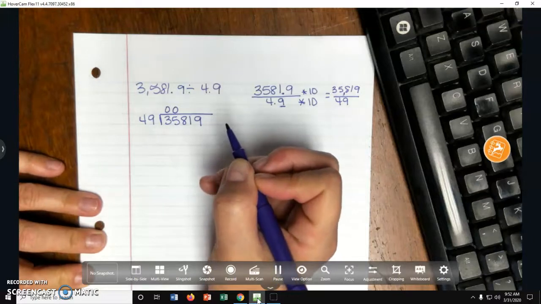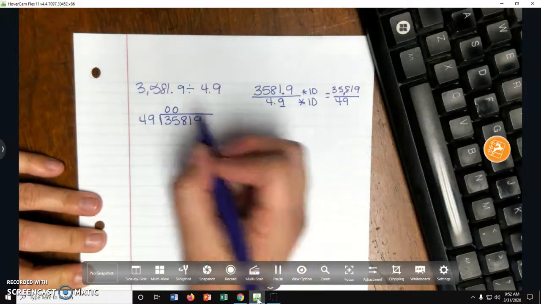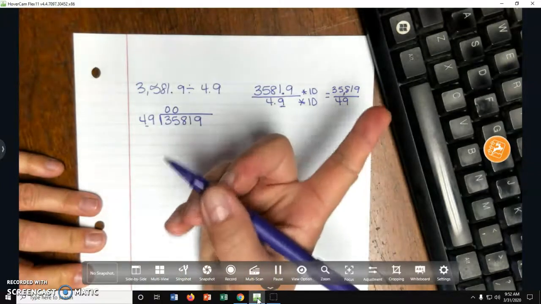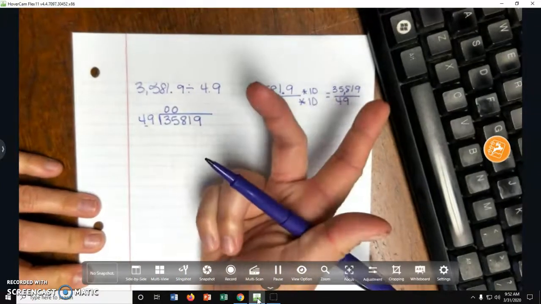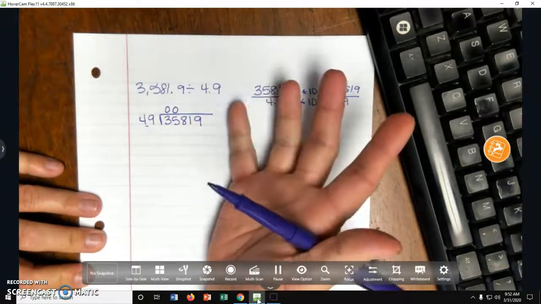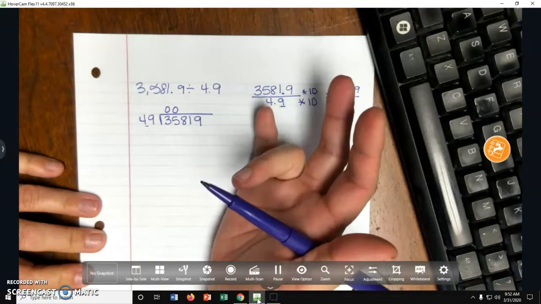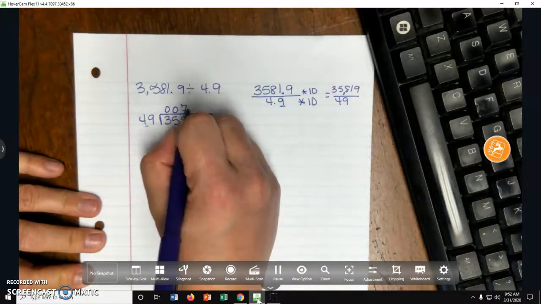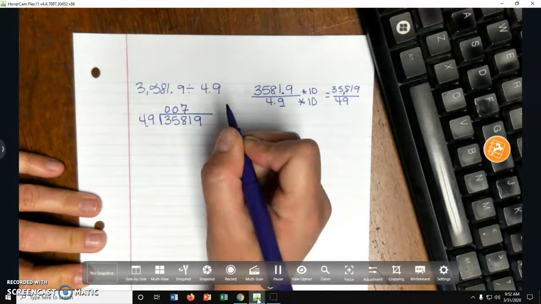Sure. How many times? I'm not entirely sure, but I'm going to estimate that to be 50. So I'm going to count groups of 50. 50, 100, 150, 200, 250, 300, 350. Well, that's pretty close. I'm going to go ahead and try 7 times and see what happens.